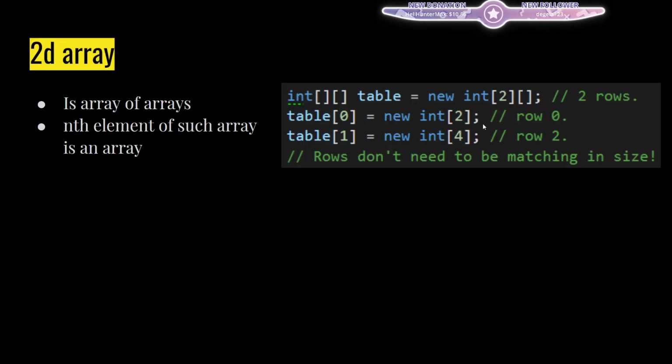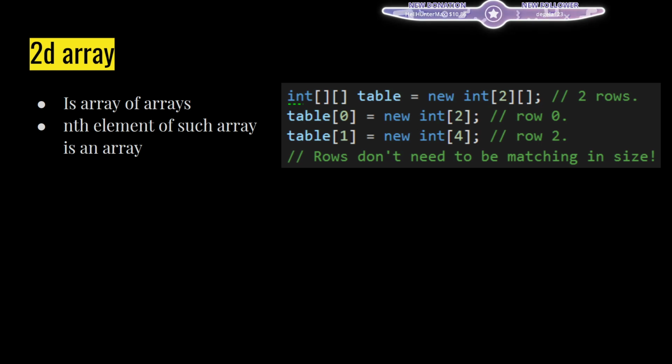A 2D array is basically an array of arrays. So the same rules apply when you create an array. You have to specify its length. And since an array of arrays has different arrays at each element, when you access that element, it will be null by default, because elements of a new array are always null, the default values basically.